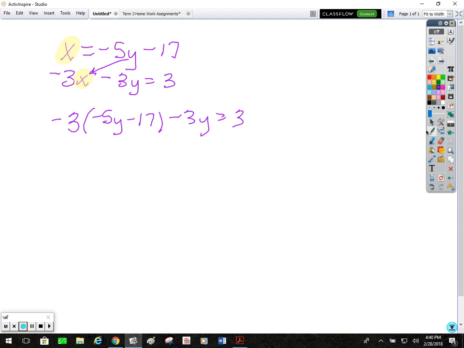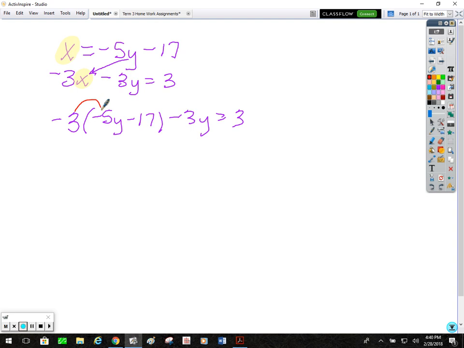All I've done is rewrite this equation, take out the x, and substitute in the value of x from the first problem. Well, now we can do our distribution of the negative 3 to the parentheses.